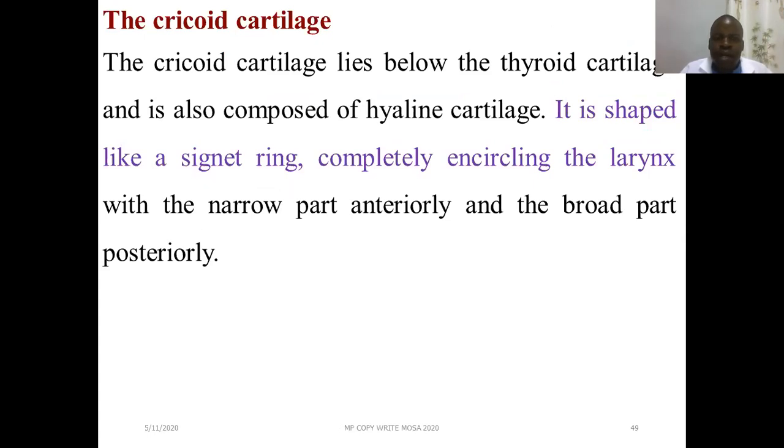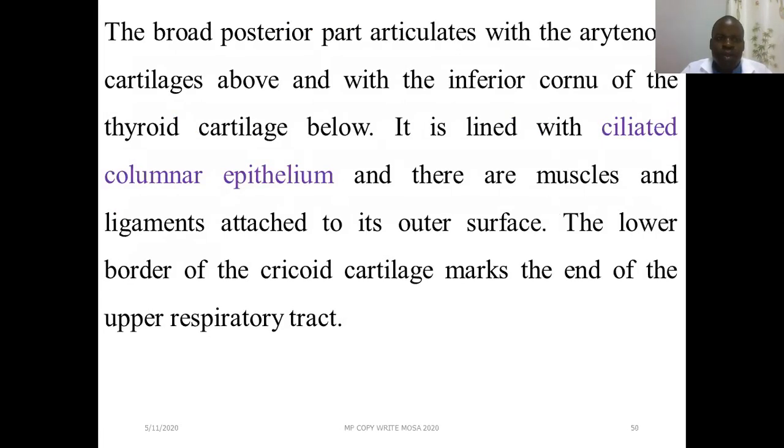So this is another cartilage that forms the structures of the larynx, and it is also made of hyaline cartilage. The broad posterior part articulates with the arytenoid cartilages.